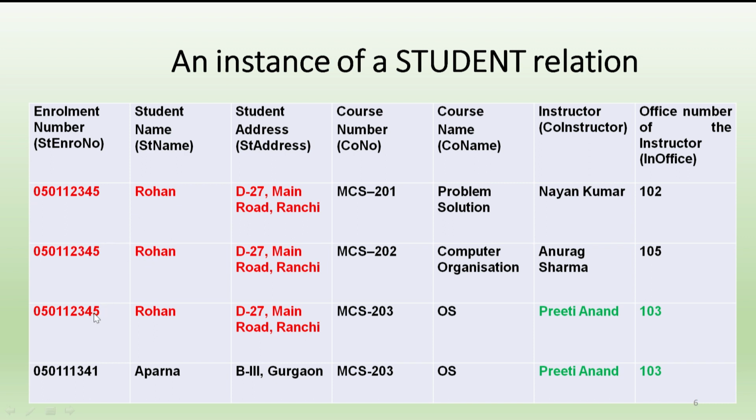In all the places it has to be a consistent name, Rohan. That means the enrollment number attribute can functionally determine student name as well as student address. They are also the same, right? So this is what we can say. There is going to be a definite functional dependency from enrollment number to student name as well as student address.